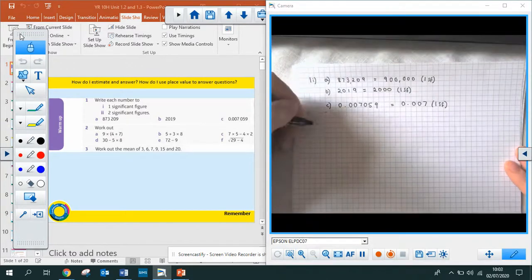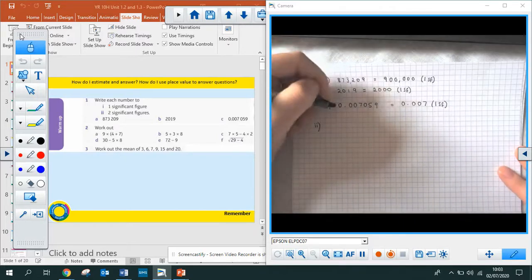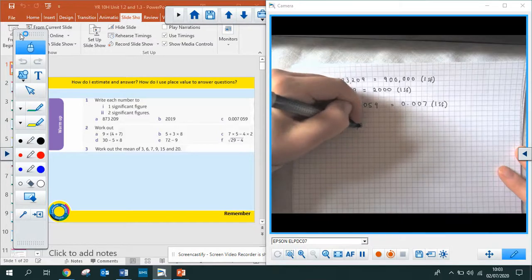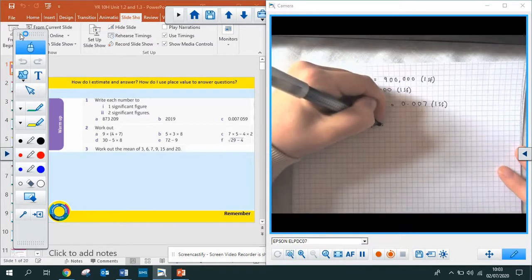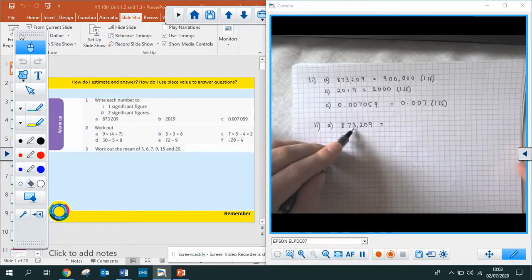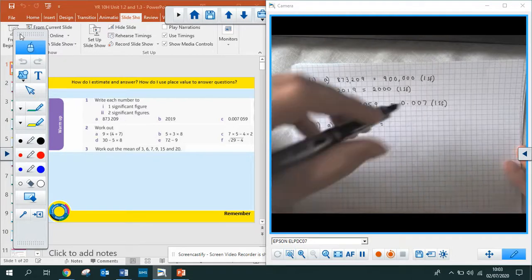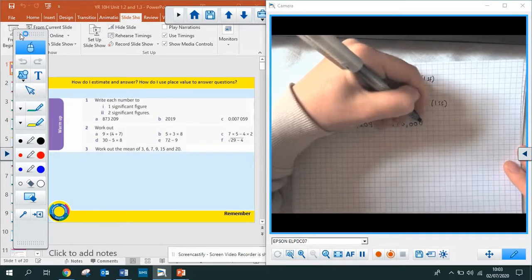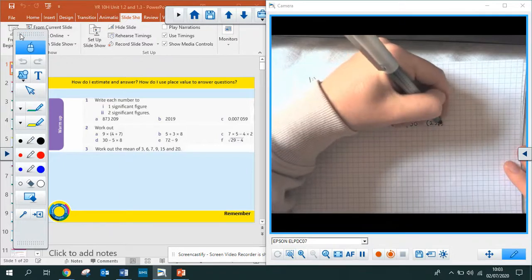Okay, now part 2, we need to do 2 significant figures. So we're looking at part A, we've got 873,209. We want to round that to 2 significant figures. You start counting from your first non-zero, so that's 1, 2. Look at the number next to it, it's 3, so that's 4 or less, therefore it's going to keep my 7 the same, and therefore it's 870,000 to 2 significant figures.